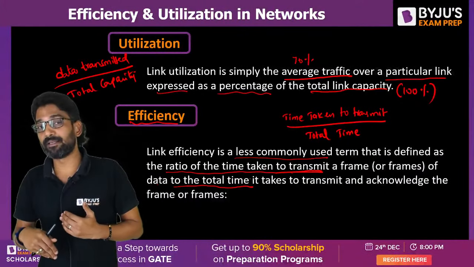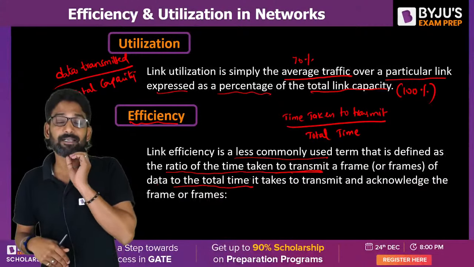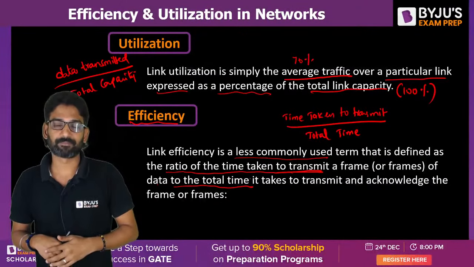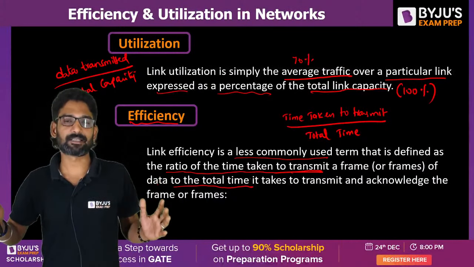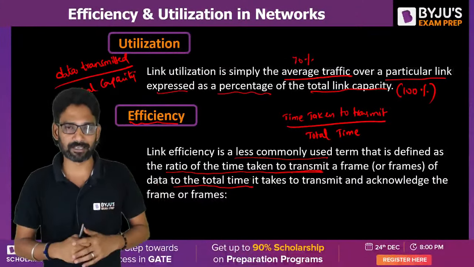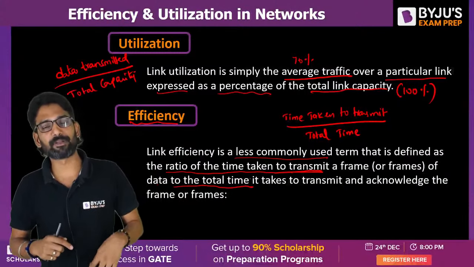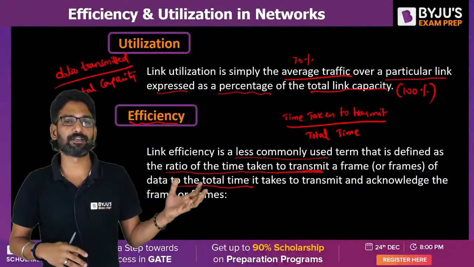Same I am telling now, listen carefully. I can send 100 megabits in 1 second. So the total time, let's say for sending one frame is 20 milliseconds. Total time means I have to transmit the frame, propagate the frame, transmit the acknowledgement, receive the acknowledgement.